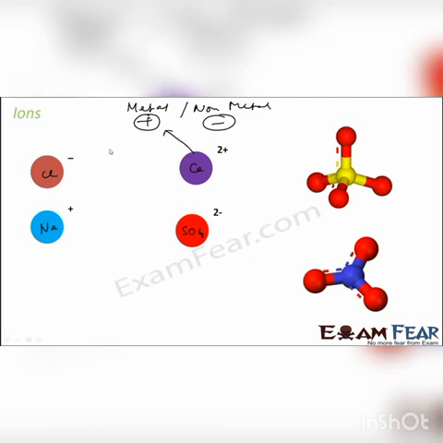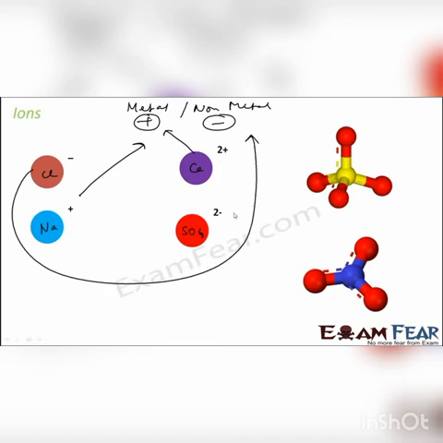Calcium has positive charge, sodium has positive charge, chlorine has negative charge. Or let's take oxygen. Oxygen also has negative 2 charge.